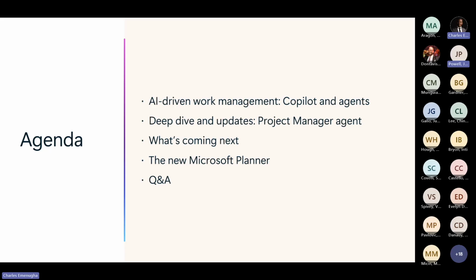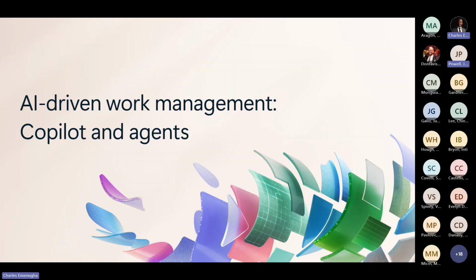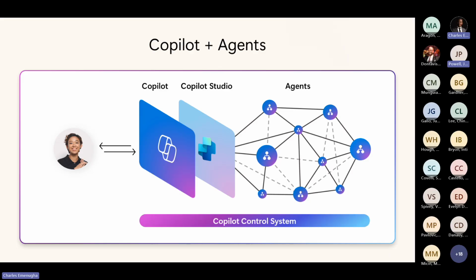So that's really our scope. So let's get started. Now, the idea behind agents is to ensure that we can drive or propel AI-driven work, and that's where agents come in. Now, we all understand what Copilot is. Copilot is Microsoft's own UI for AI, right? Within Copilot, you can interact with any of the models that are available.